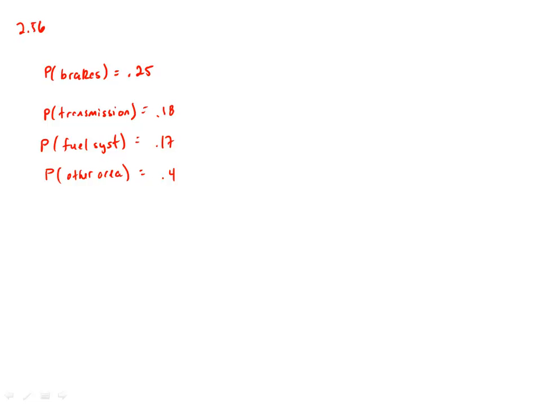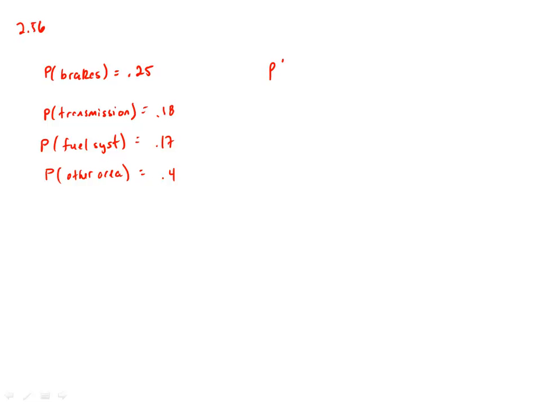What is the probability that the defect is in the brakes or the fuel system if the probability of defects in both systems simultaneously is 0.15? So we have the intersection, right? The 0.15.